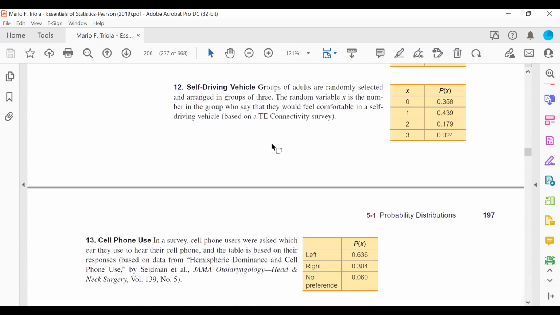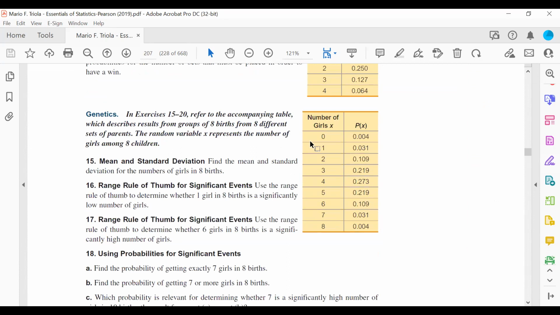Now here is a table on genetics. I know a lot of you are going into the medical field, and you have to take biology and go through genetics. That's how it works. All right, so in genetics, we're going to do number 15.